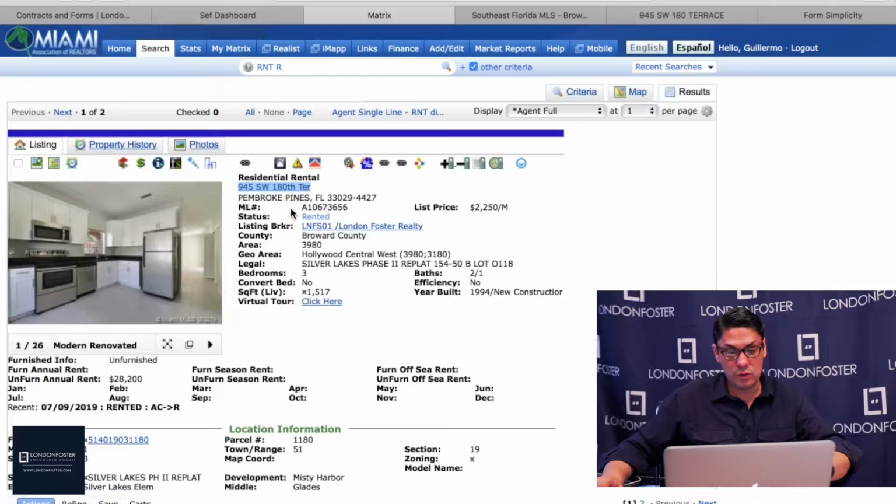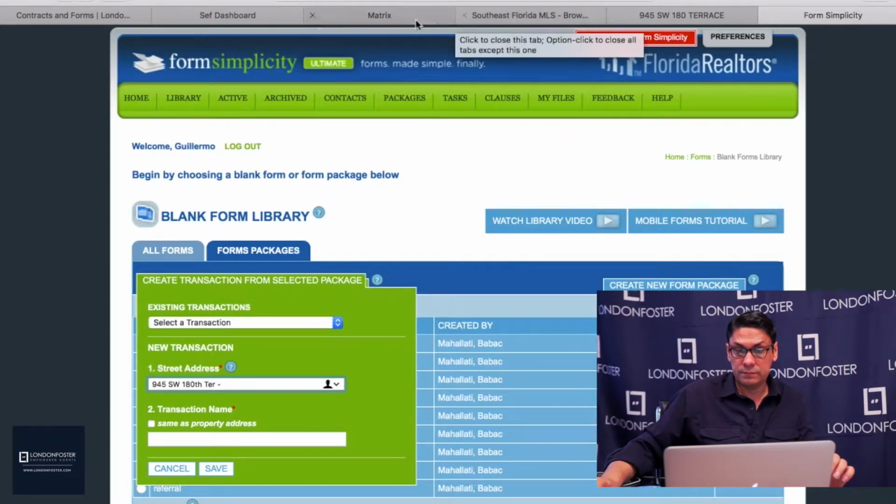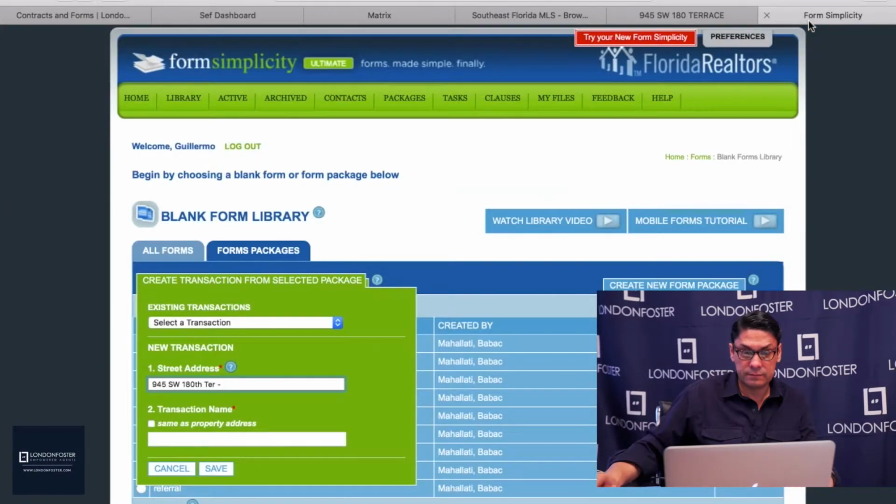I'm going to copy, which if you're on a PC is Control-C, and then I'm going to paste it, which if you're on a PC is Control-V. Again, Control-C, Control-V, and there I've copied the complete address.